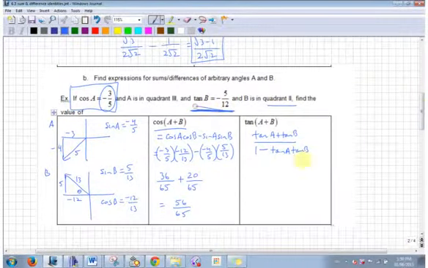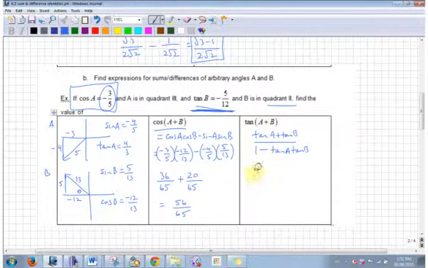Well, I know tan B, but I don't know tan A. What's tan A? Negative 4 divided by negative 3, or positive 4/3. Does that make sense? Is tangent positive in quadrant 3? Use your cast? Yeah, it should be. Okay. Always double check a lot of this stuff.